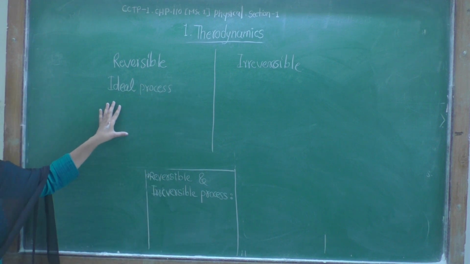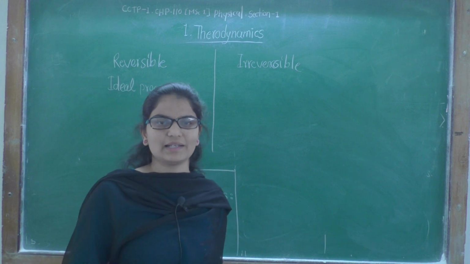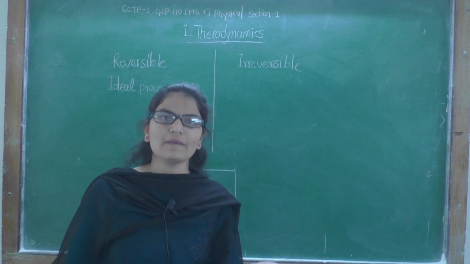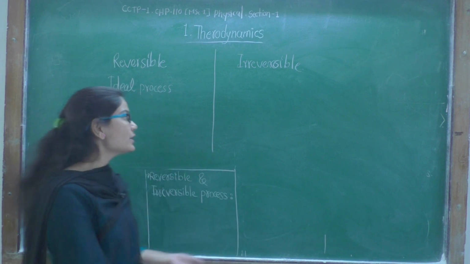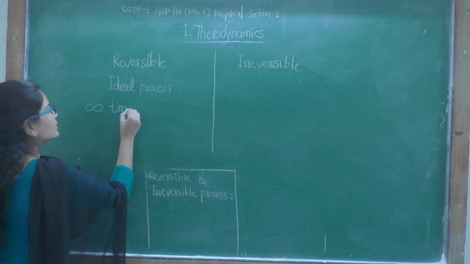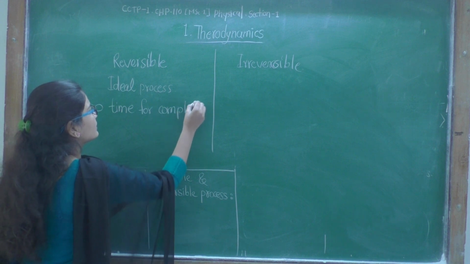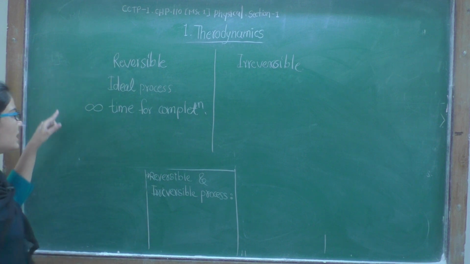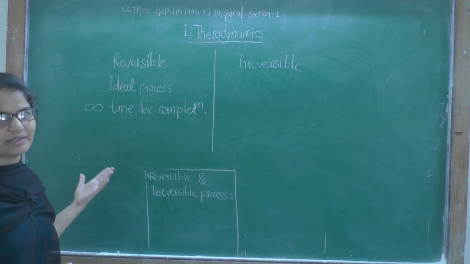Why is it ideal? Because practically we cannot have infinitesimally small steps, and if each step is infinitesimally small, then the time taken to complete the process will also be infinite. Therefore this process does not occur practically, but ideally we can predict it.